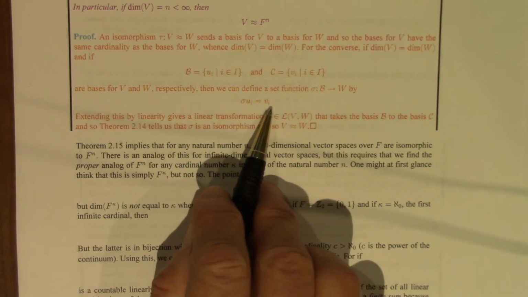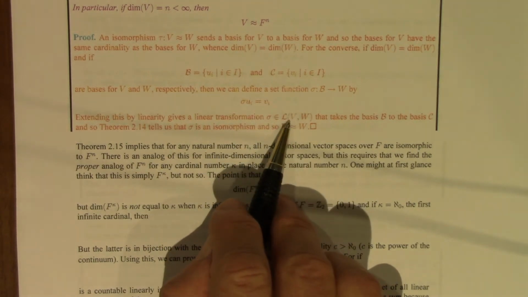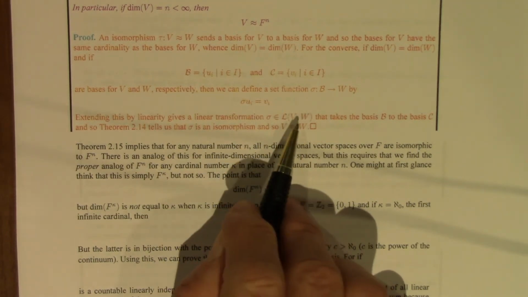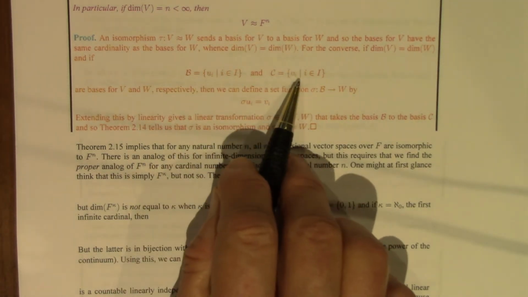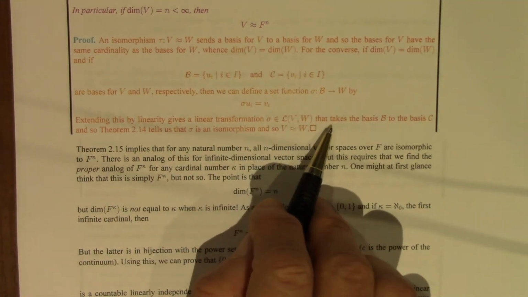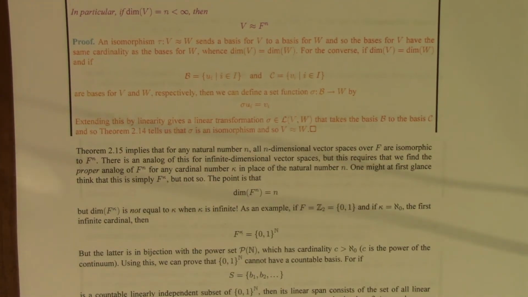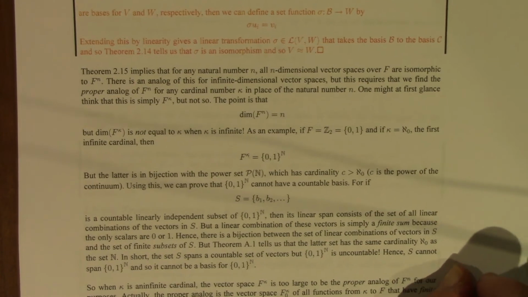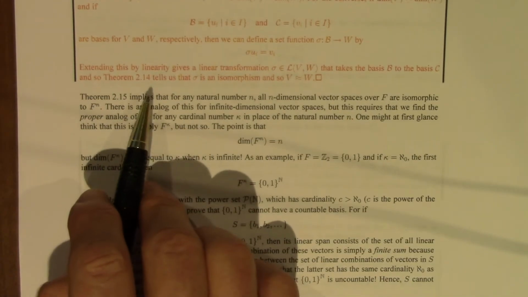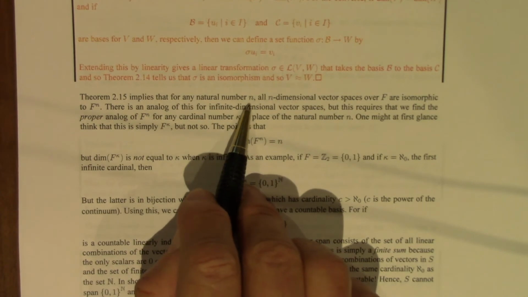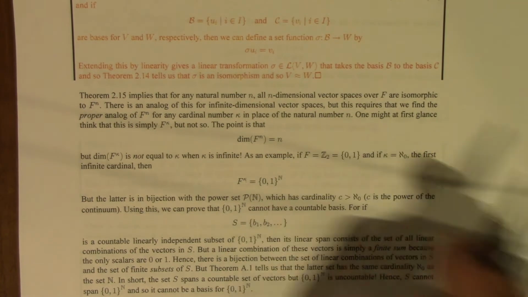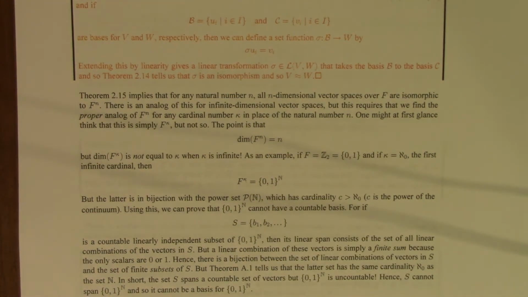This can be extended by linearity to a linear transformation from V to W that takes a basis to a basis and is therefore an isomorphism. And so V and W are isomorphic. So this theorem implies, again, that at least for all natural numbers n, the n-dimensional vector spaces over F are essentially just F^n.